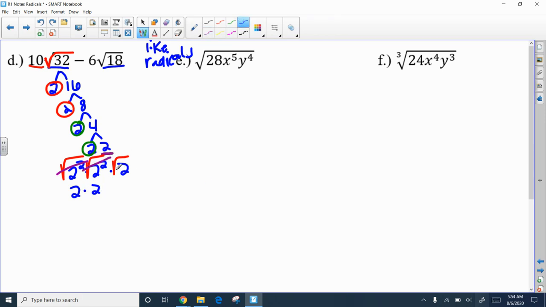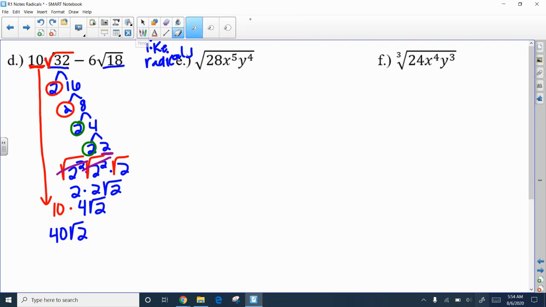This one, there's no squared, no power to get rid of the root. So that's going to stay square root of 2. Now these two on the outside can get multiplied. So that'd be 4 square root of 2. Now we're still not done with that because there was this 10 in front. So don't forget we're still multiplying by that 10. So this expression finally simplifies to 40 square root of 2.